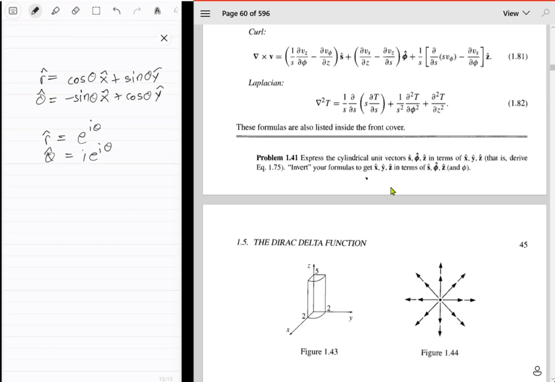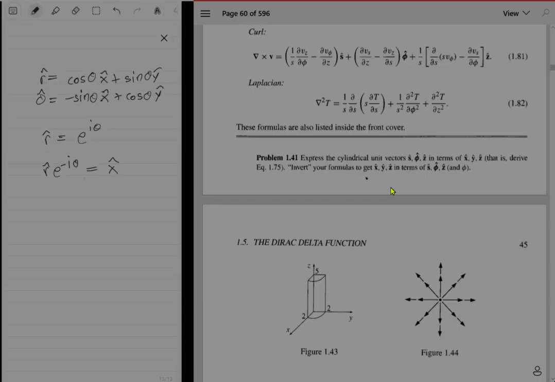So there's iota involved and whatnot. I mean, it's not that bad. I guess we can do it. We can just do this thing. r hat times e to the power negative i theta is equal to 1, and 1 in our context of complex numbers is like x hat. So x hat is equal to this thing. First you just want cosine theta times this.